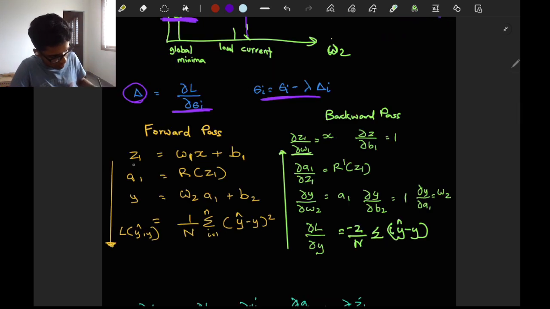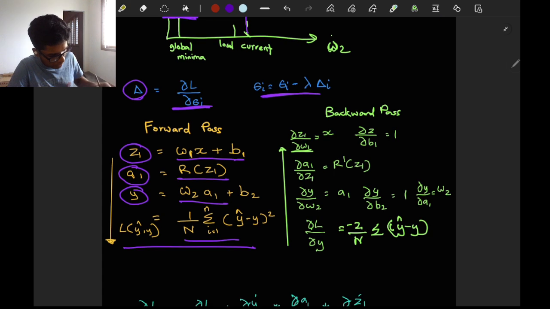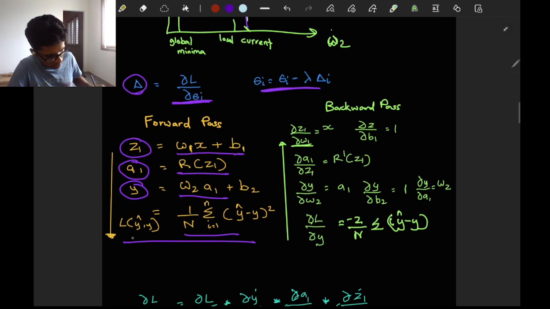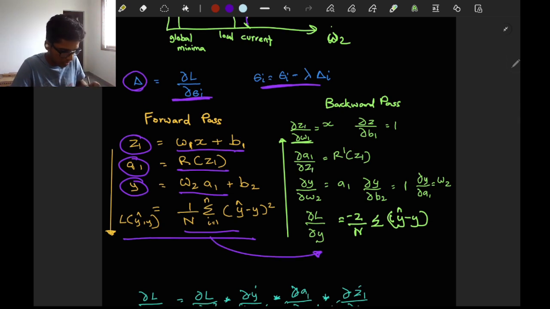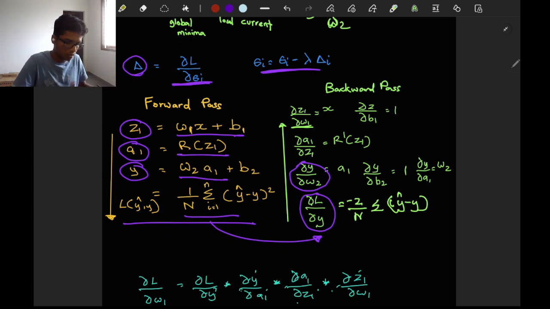That's by saving the intermediate steps during the forward pass, which is nothing but computing the composite function: the linear layer, the activation function, the next layer, and the loss function. After calculating this loss, we move on to finding the partial derivatives. So we calculate dou L by dou y by dou W2, and so on with respect to the other values.